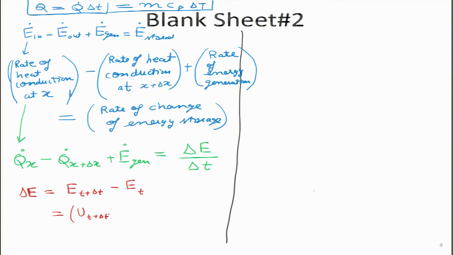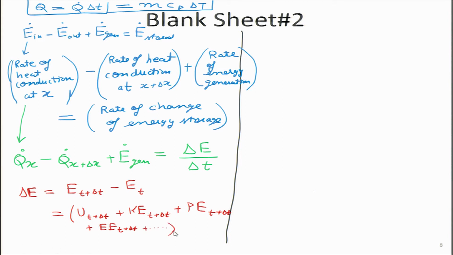So, U is, if you remember thermodynamics, our internal energy, then we have kinetic energy at t plus delta t. Then I can write potential energy at t plus delta t. Then I can write some more energy, maybe electrical energy at t plus delta t. I can also write magnetic energy and so on.